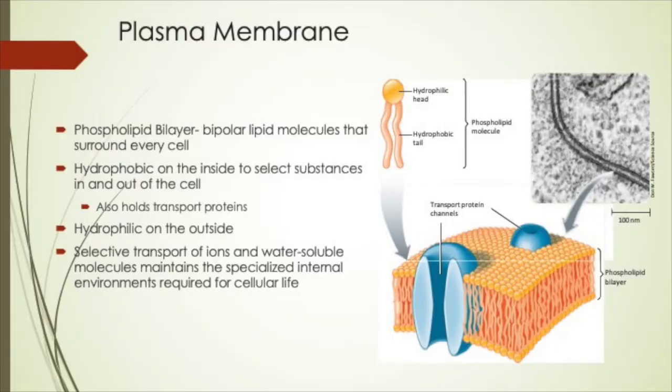All right, plasma membrane. Kind of talked about this one before. Phospholipid bilayer, right? It has a hydrophilic head, hydrophobic tail. It also holds important transport proteins, right? To transport between that membrane layer. Otherwise, it would just be a wall.